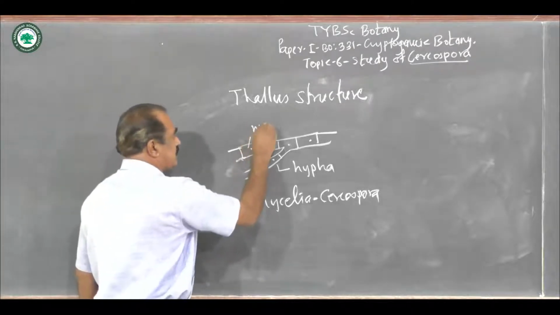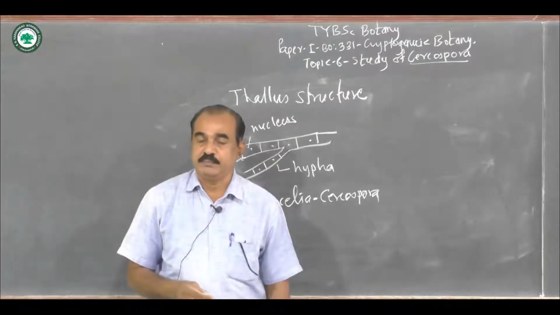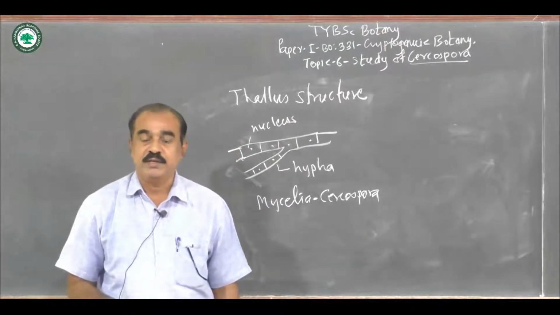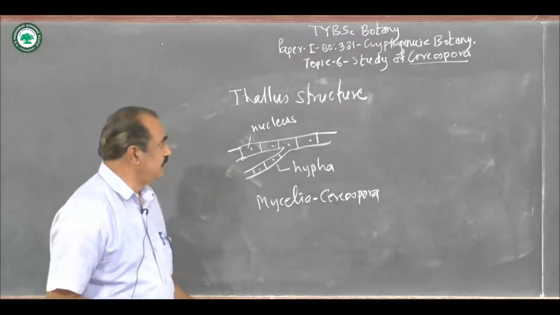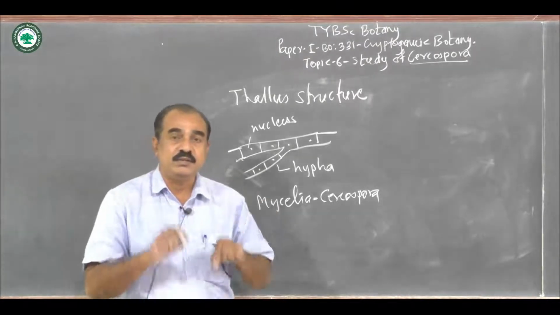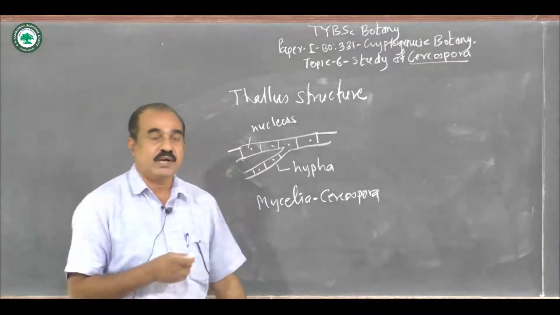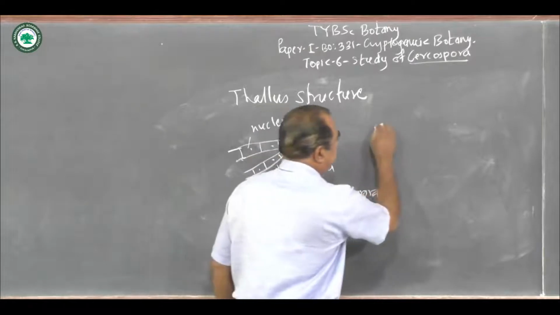And this is the nucleus. Now this mycelium is well developed, it is branched, it is also brown in color, it is monokaryotic in nature. And this mycelia also develops because it is intercellular. It is developed in the mesophyll tissue and sends the haustoria, and these haustoria are lobed like this.